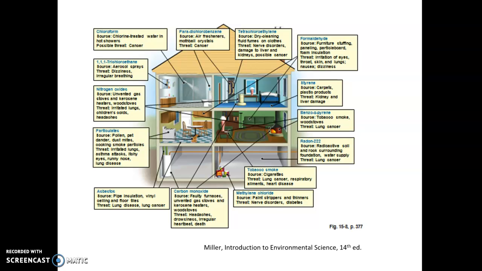Benzopyrene can be in tobacco smoke. Let's see, some styrene in carpets and plastic products. Formaldehyde I've already mentioned. So I think you get the idea. Oh, air fresheners. These paradichlorobenzene chemicals can be found in air fresheners and mothball crystals, and there is a risk of cancer with those.